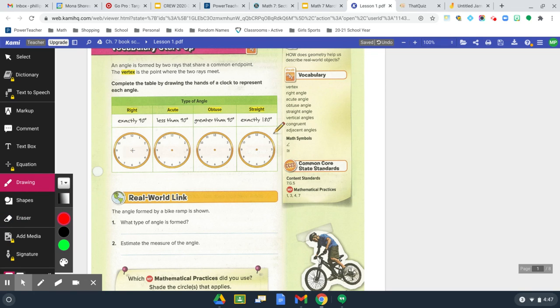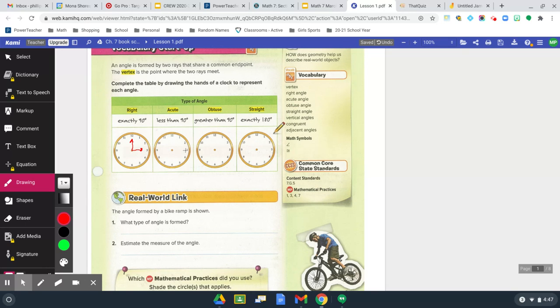I'm going to do the best I can. So let's say 3 o'clock is where I need to show that right angle. That's one possibility, okay? 90 degrees, 3 o'clock. You could do a different one. You could do 9 o'clock. That would also show a 90-degree angle. There's multiple ones here that you could show as long as you show that 90-degree right angle.